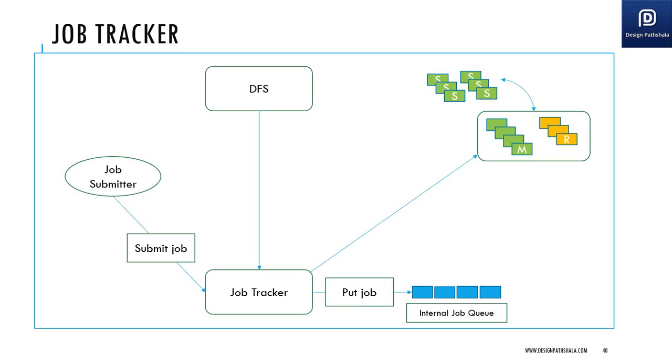If you recall my previous example, my file was divided into 5 blocks. To process that file, the job tracker would be communicating with 5 different data nodes and the task trackers running on them to do the whole processing.